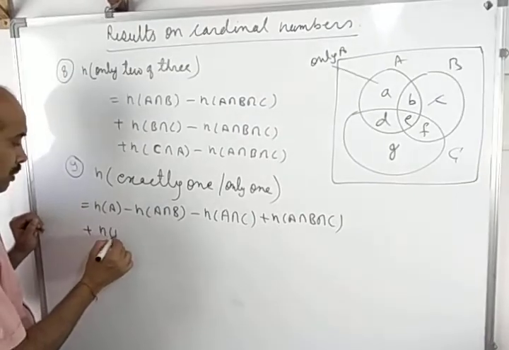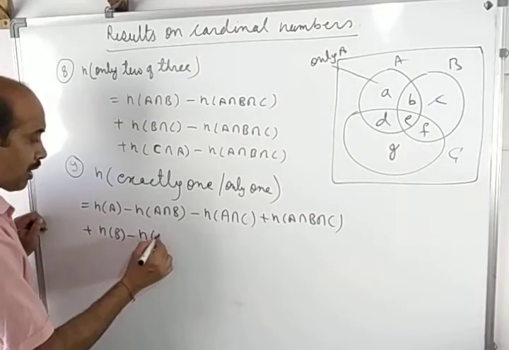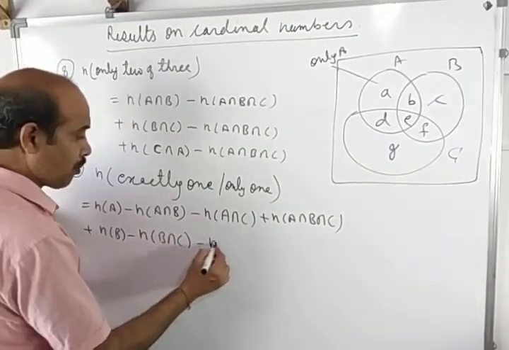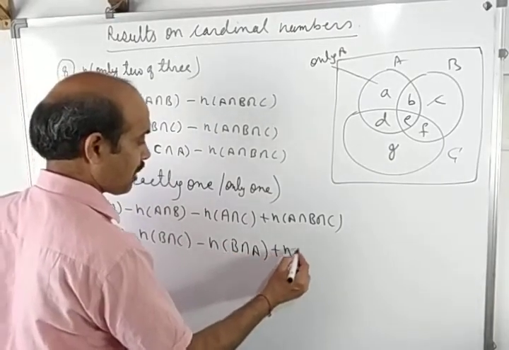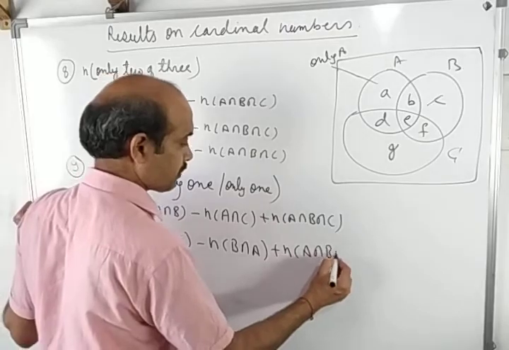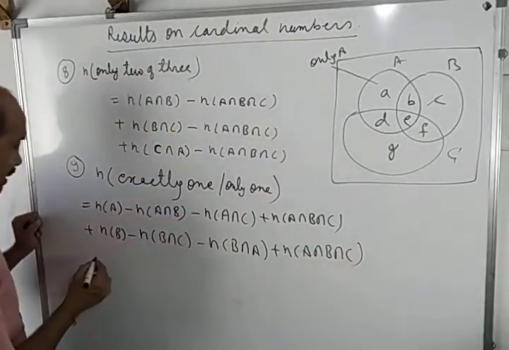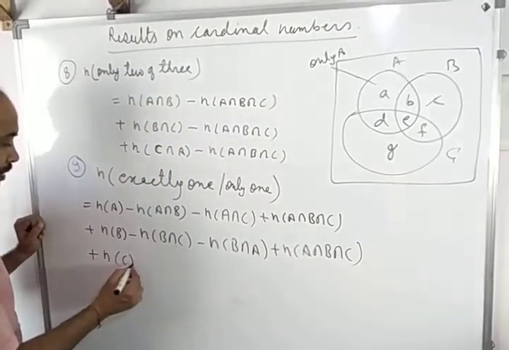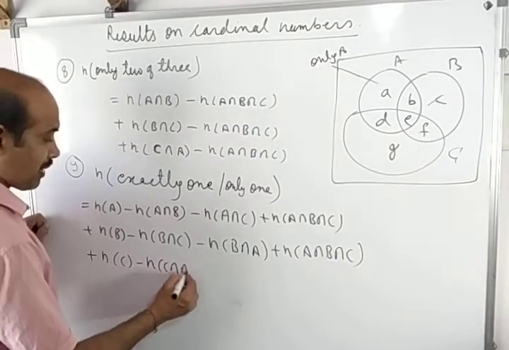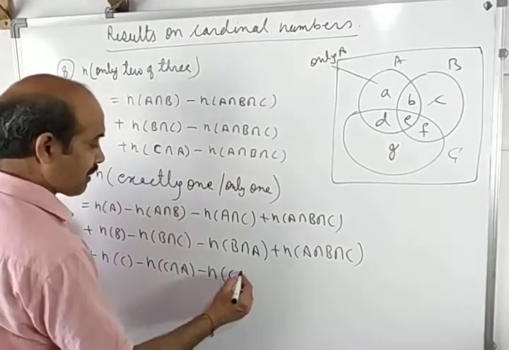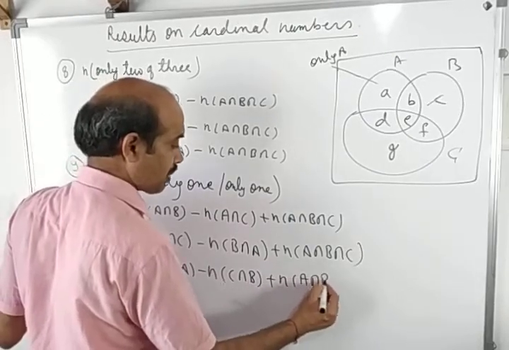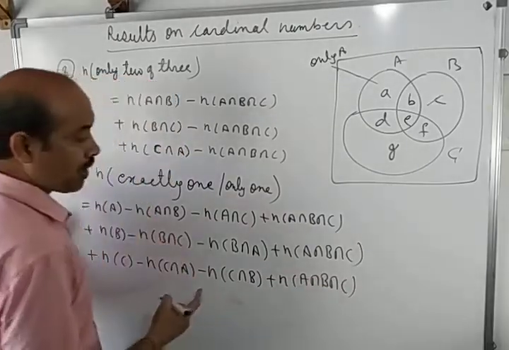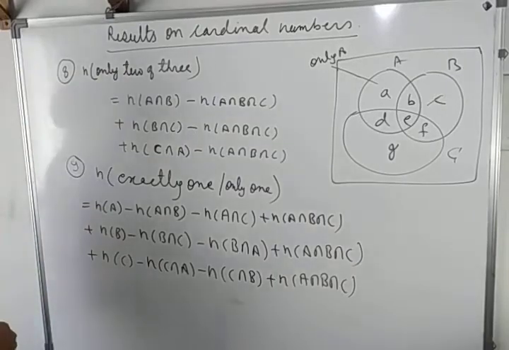plus n B minus n B intersection C minus n B intersection A plus n A intersection B intersection C. Also plus third one, n C minus n C intersection A minus n C intersection B plus n A intersection B intersection C. So that also you have to understand.